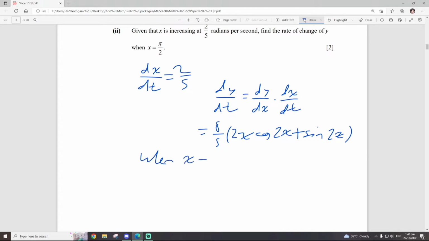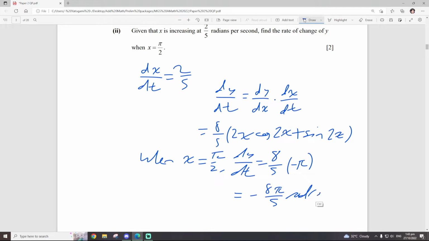When x equals pi over 2, dy dt is 8 over 5, okay? Cosine pi is -1, so negative pi, and then sine pi is 0. So this is just -8 pi over 5 radians per second. So y is actually decreasing at this point in time.